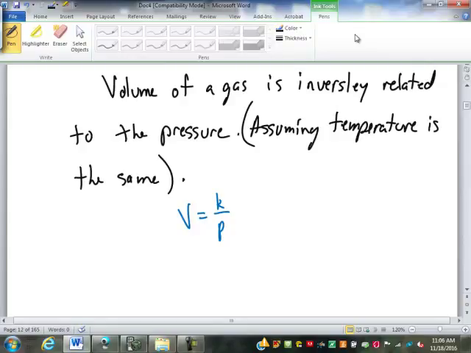So in this case, since we know this relationship exists, we might not be told that the volume of a gas is inversely related to the pressure.